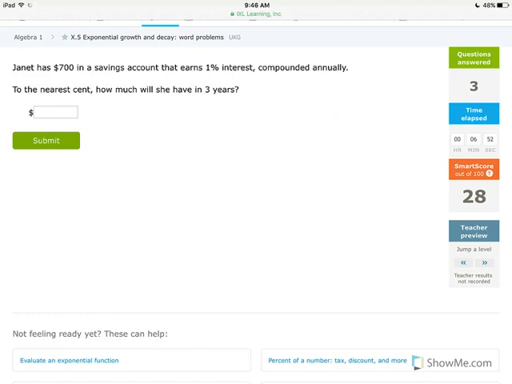So Janet has $700 in a savings account. She's going to earn 1% interest. So R, your rate as a decimal, is going to be 0.01. So remember, if you have 1%, your decimal is here. So you're going to go 2 spots to get the decimal form.